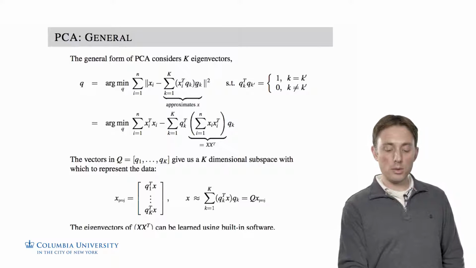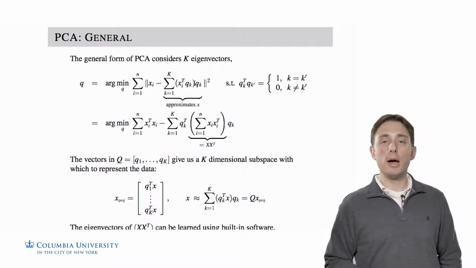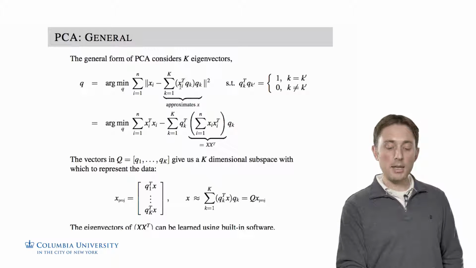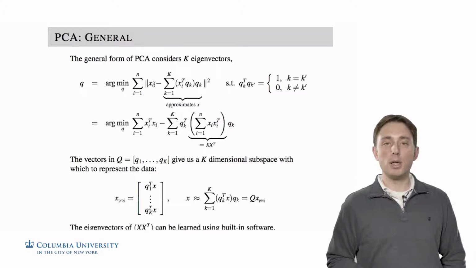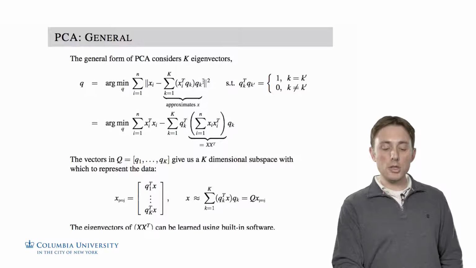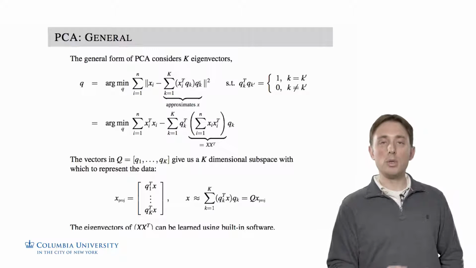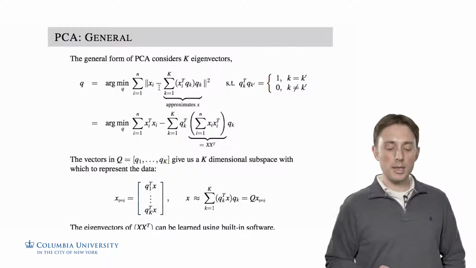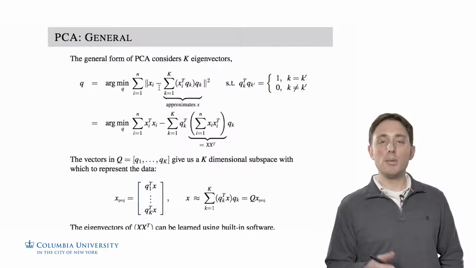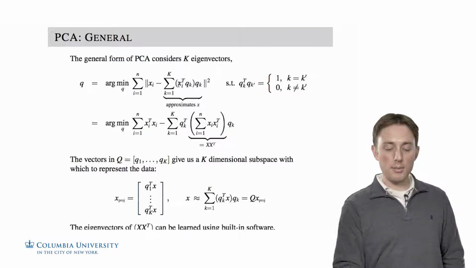This dot product is the amount that we have to stretch qk by to get that individual vector as close to xi as possible. And now, because each of these q's are orthogonal to each other, we treat it as k different approximations and then sum each of those up. So we're trying to approximate the data with a k-dimensional vector, which is the k dimensions that we get from the k different dot products here.